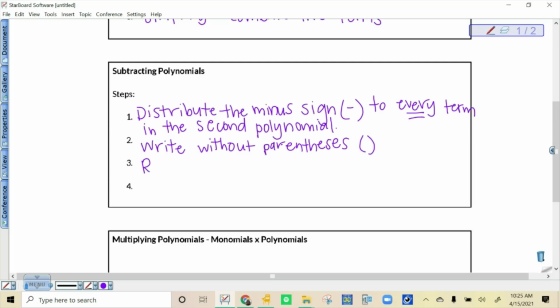Yep, rearrange it, gather like terms. And then my final step? Yeah, simplify, combine like terms.